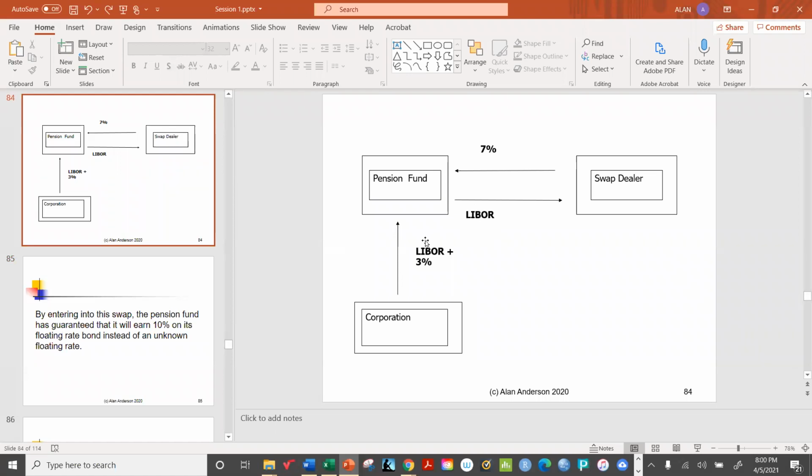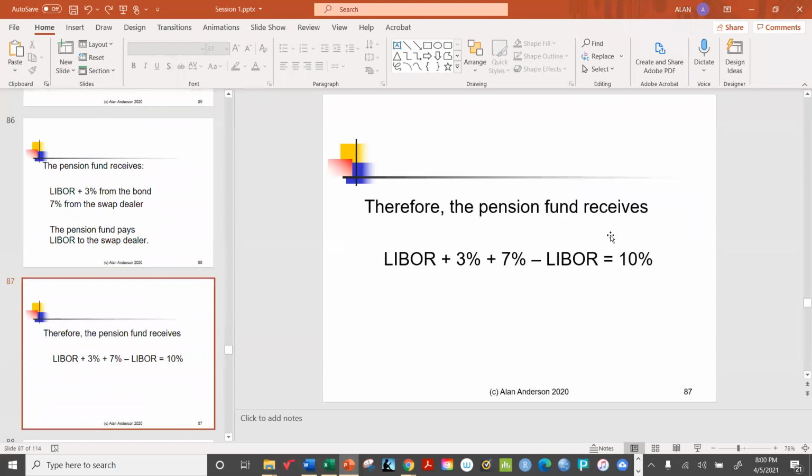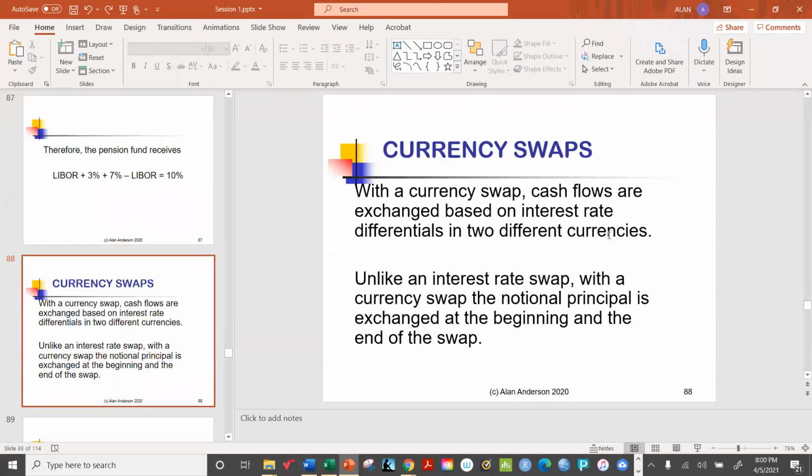So in other words, if these two LIBORs cancel each other out, we're receiving 3% from the corporate bond, another 7% from the dealer. So we end up locking in a 10% return every year for the lifetime of this bond. Not bad, huh?